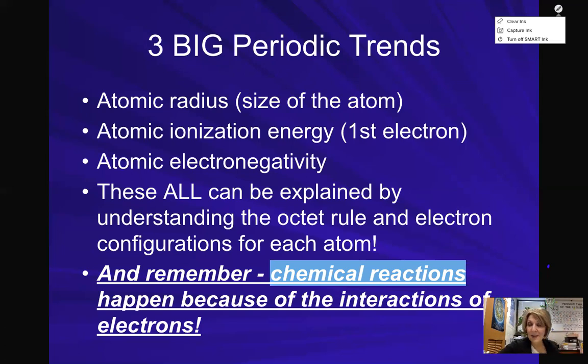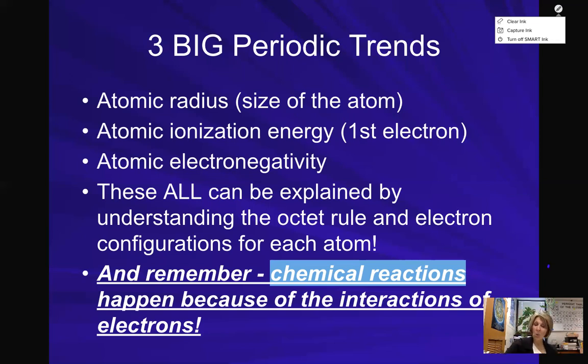Atomic electronegativity is the pull one atom has on another atom's electrons. And so again, the most electronegative atom is fluorine. And so we're going to increase going across this way, and we're going to increase going up. All of these can be explained, of course, by understanding the octet rule and the electron configurations, knowing that everybody wants to be isoelectronic to a noble gas.